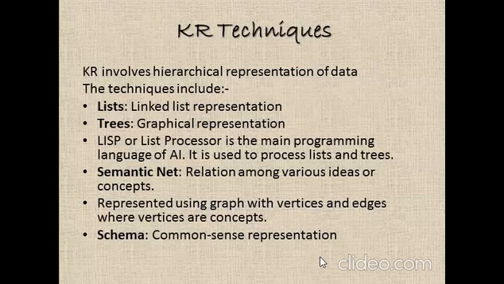Lisp, or list processor, is the main programming language of artificial intelligence, where we use linked lists and trees as data structures. Then the semantic net is another form of representation where we picturize the relation among various ideas or concepts. All these things we have seen. That's why I am rushing through these topics without explaining much on the topics presented.